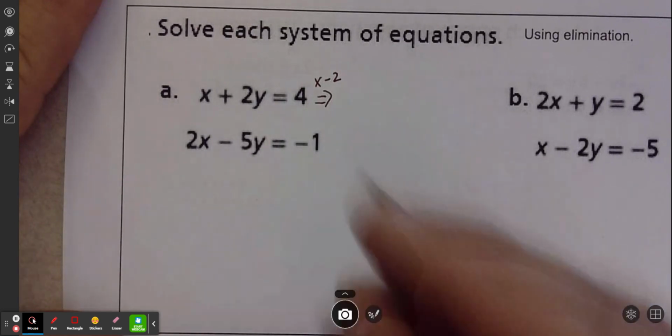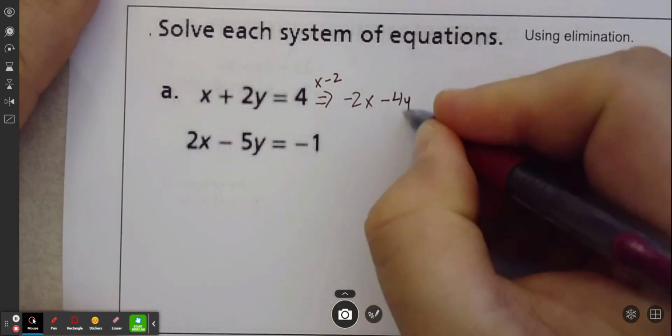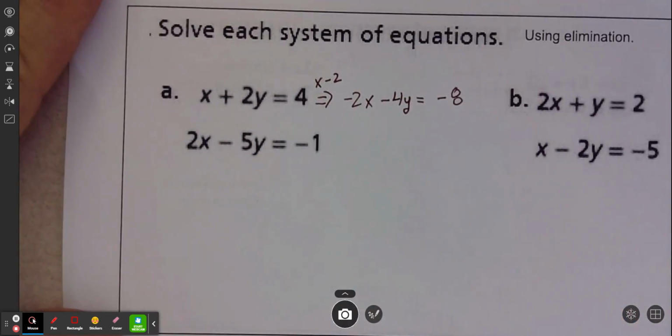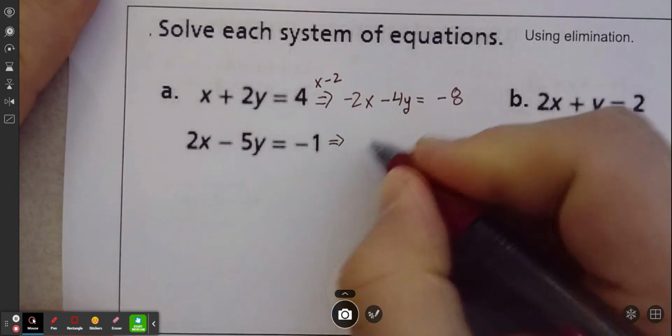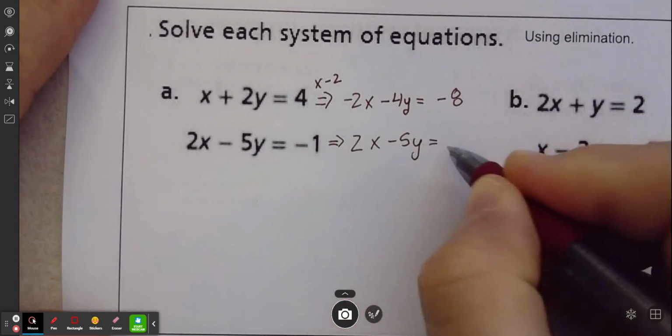So everything gets times -2. So this becomes -2x minus 4y equals -8. So everything got multiplied by -2. What do I want to do to the second thing? Nothing. So I'm going to go ahead and just rewrite it just so that I have them lined up.